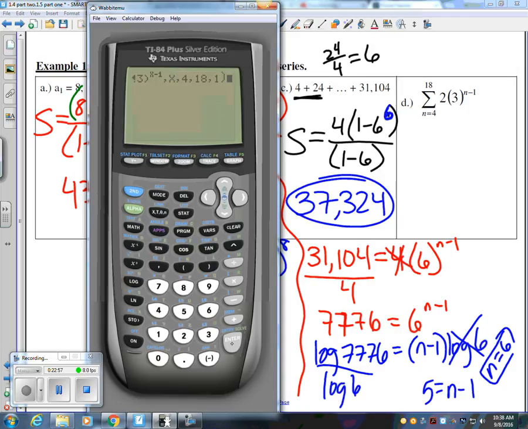All right, those of you who have a different calculator, you want to do a 2, parentheses 3, caret key x minus 1. How do you get down from the exponent? Yep, you use this key right here to get down from the exponent. And then comma x, comma 4, comma 18, comma 1.